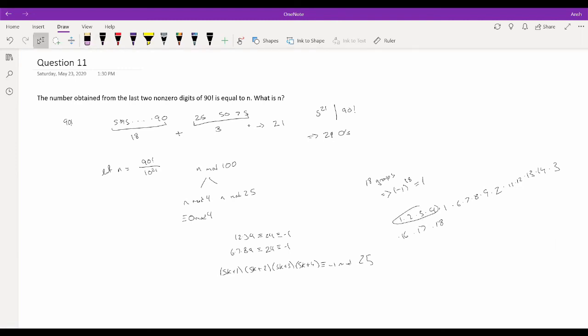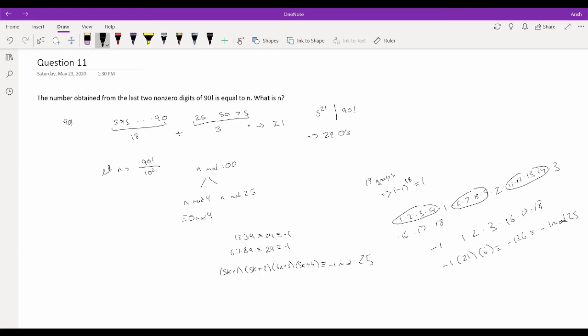So that becomes -1 to the 3rd power times 1 times 2 times 3 times 16 times 17 times 18. And if you were to multiply this out, you would get -1 times 21 times 6, which would be -126, which would be -1 mod 25.